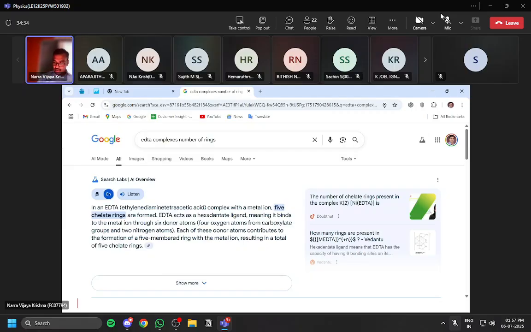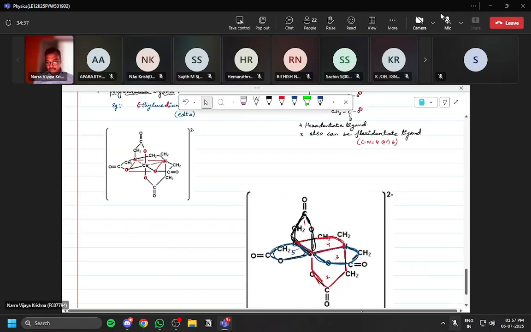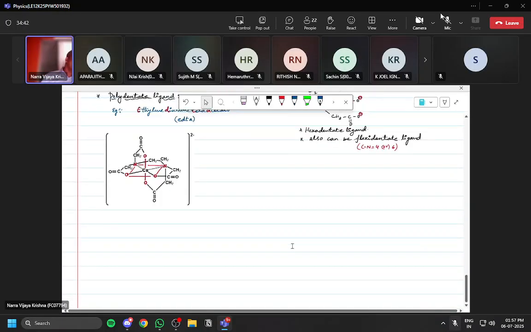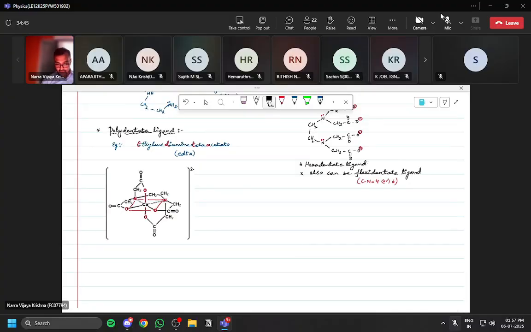So I am writing the same here. So it is an example of an octahedral complex. Number of rings, 5 chelate rings. Coordination number 6. Right?